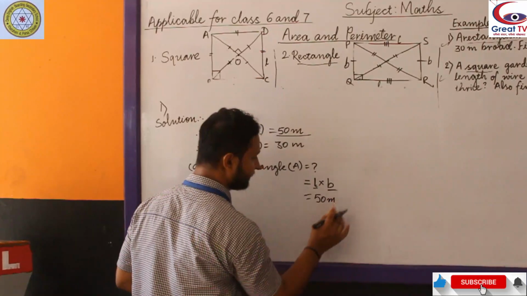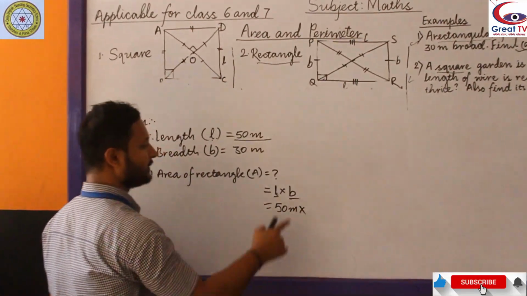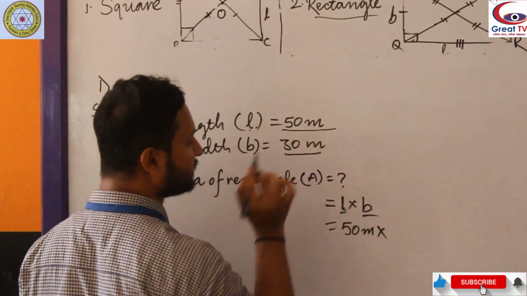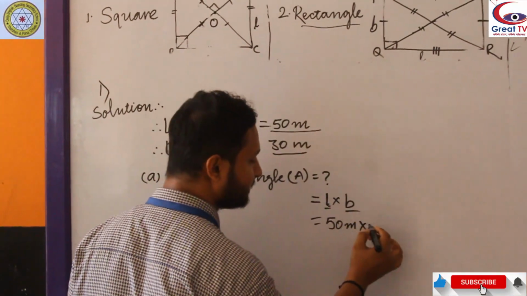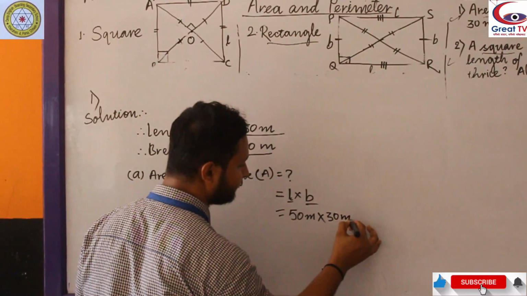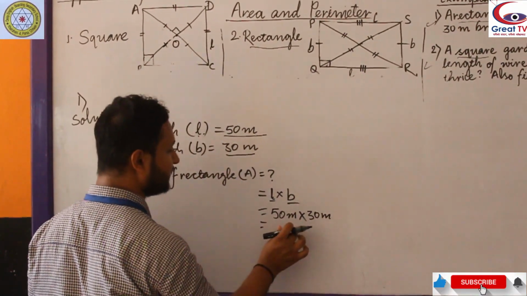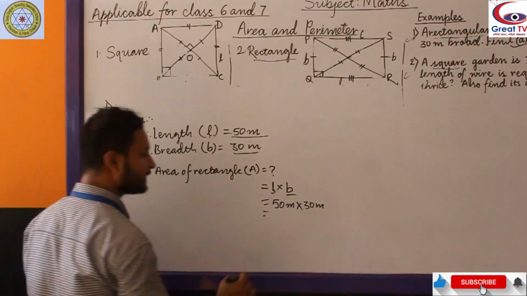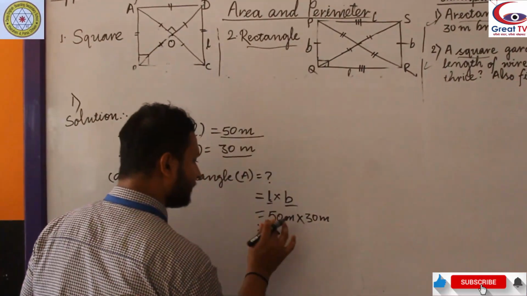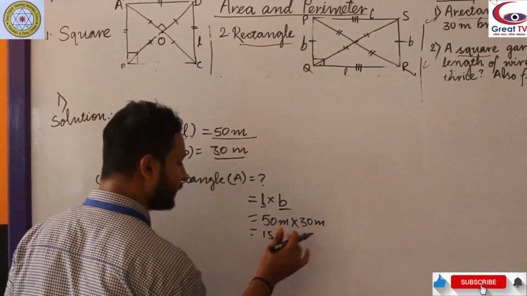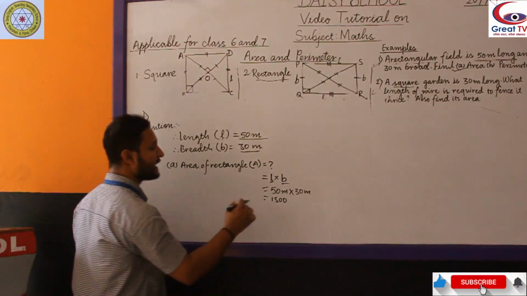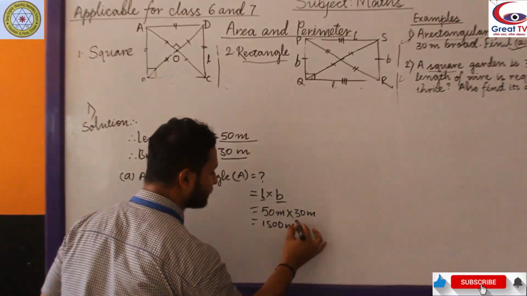50 meter times B. The value of B is 30 meter here. So replace this B by 30 meter. Now multiply this 50 meter with 30 meters. We get 5 3s are 15 and 2 zeros, 1500 meter square.